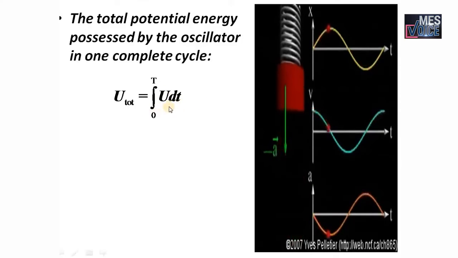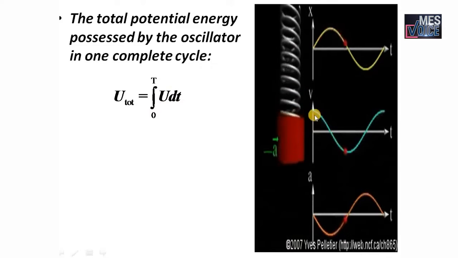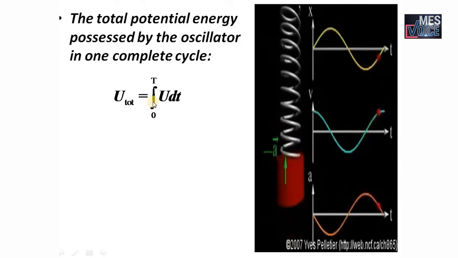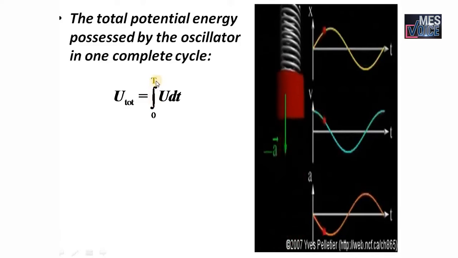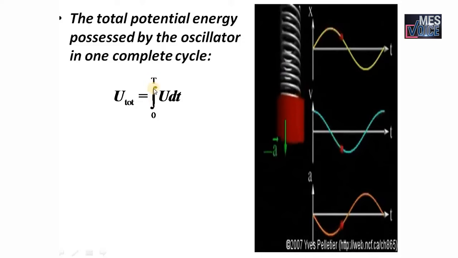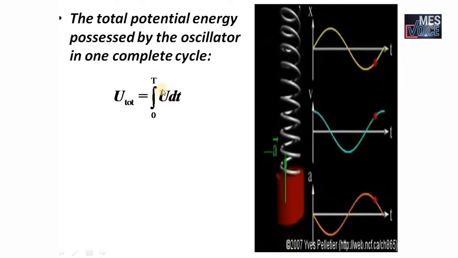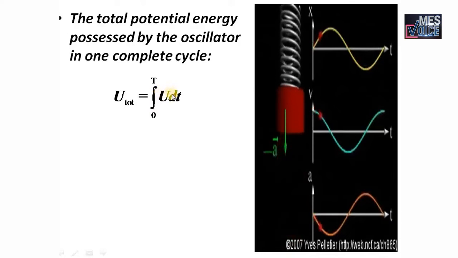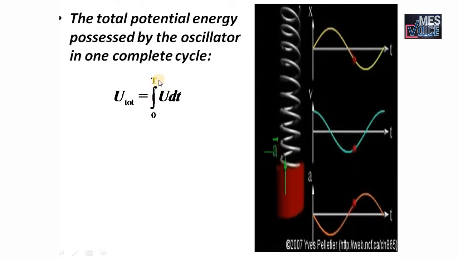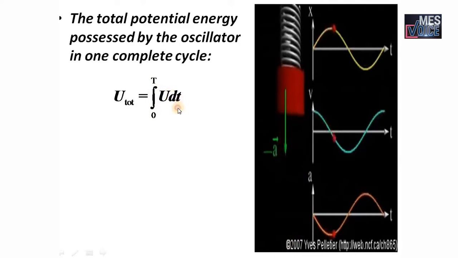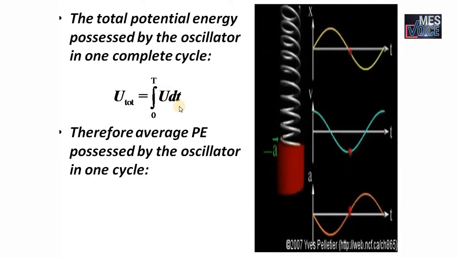Now we will calculate the total potential energy obtained by an oscillator in a complete period, that is capital T. So we will integrate the instantaneous value, U of t, with dt, integral 0 to T U dt. Then we will get the total potential energy gained by the oscillator.